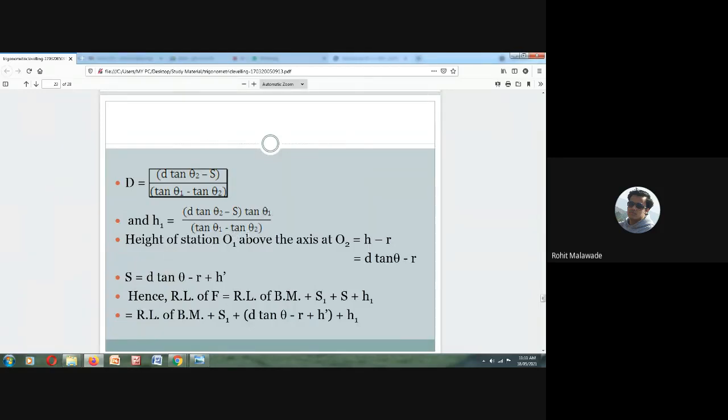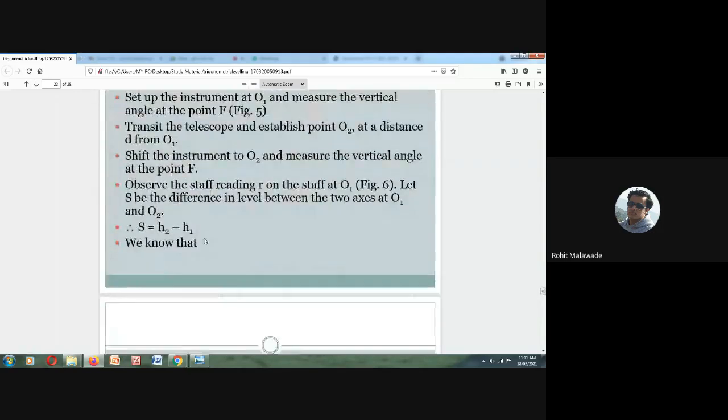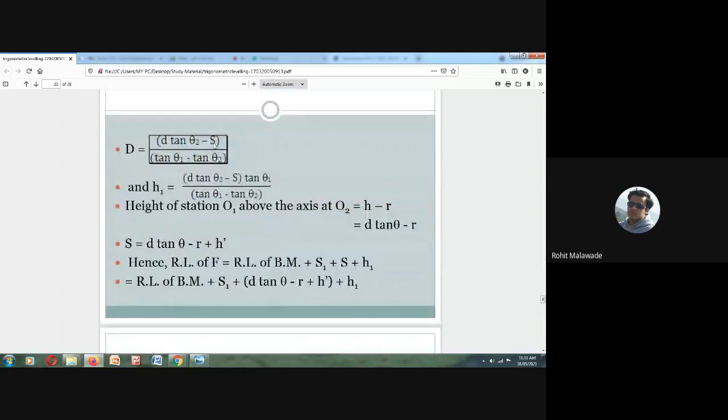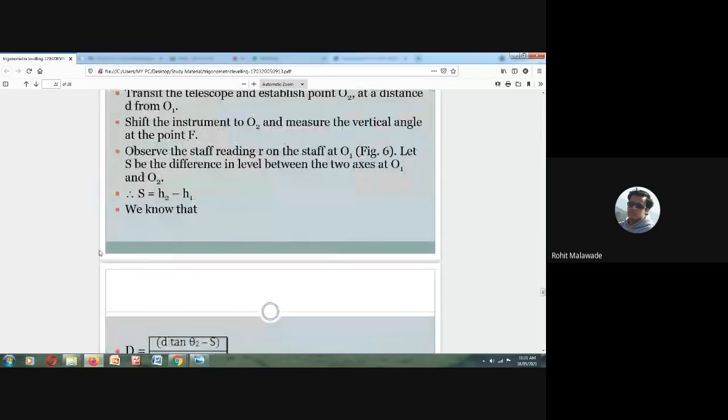We need to keep this in mind in order to solve it. D we should also know, and D can be calculated using the formula D tan theta 2 minus S divided by tan theta 1 minus tan theta 2. So this height H1 can be calculated using the formula.